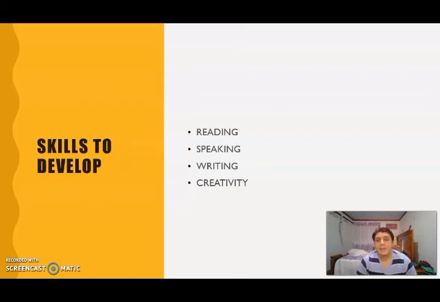And the last, not least important, is creativity. This app develops creativity because it is like you are creating a comic.